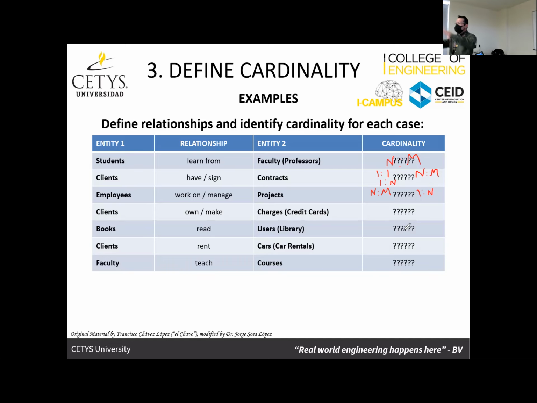If I'm looking at the charges as a whole, then I, as a client, can make multiple charges, but those charges on the credit card are associated to myself. Or maybe one to many, because maybe I'm an expert scammer, and I have one credit card, and then I get another one to pay my debt on the other one.